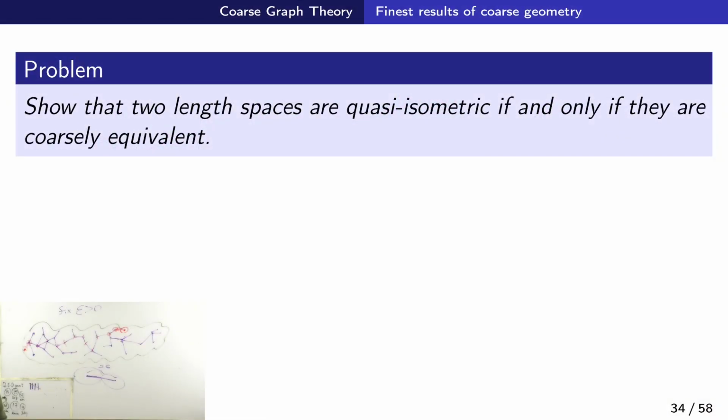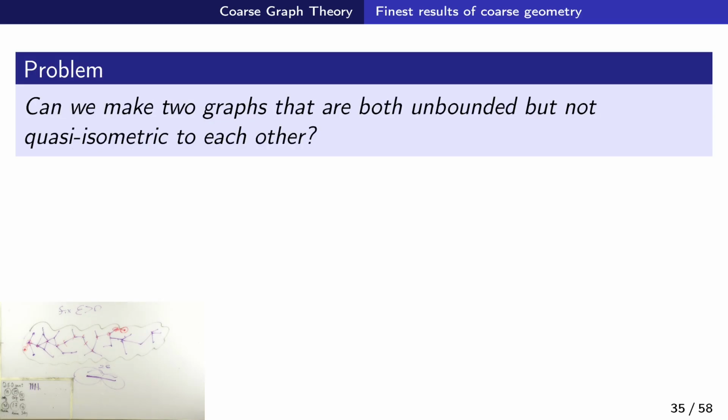Let's not do that. We're going to jump into some of the more interesting questions. Why? Because we can. Okay, let's start with this. Goal is to make 2 graphs that are both unbounded but not quasi-isometric to each other. Any suggestions on how to do that?